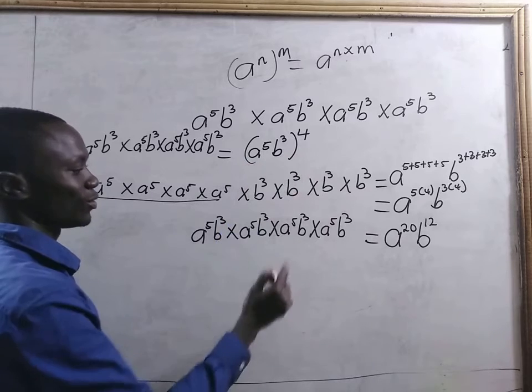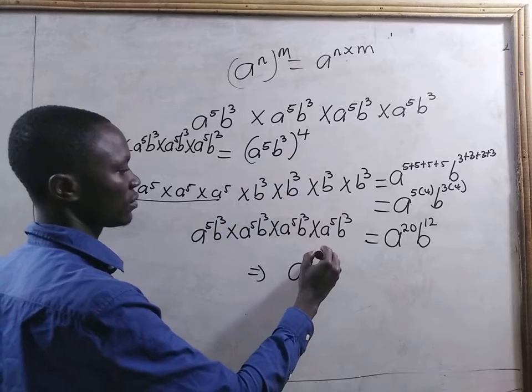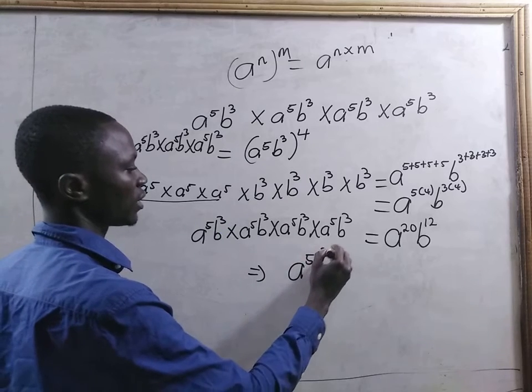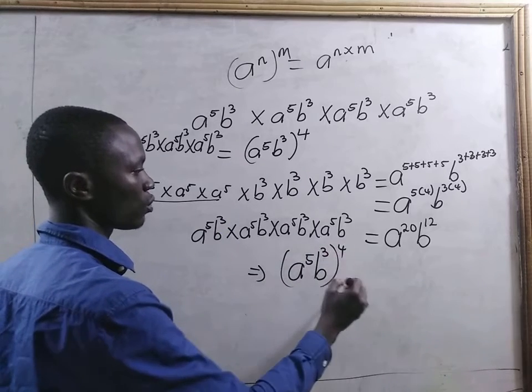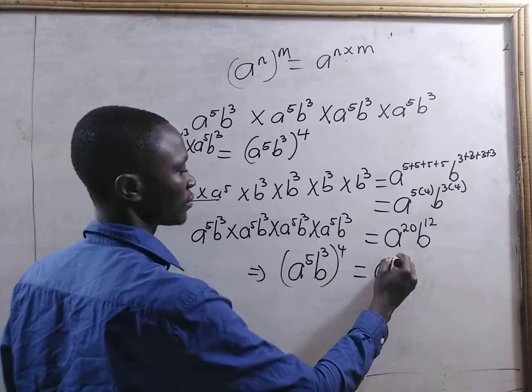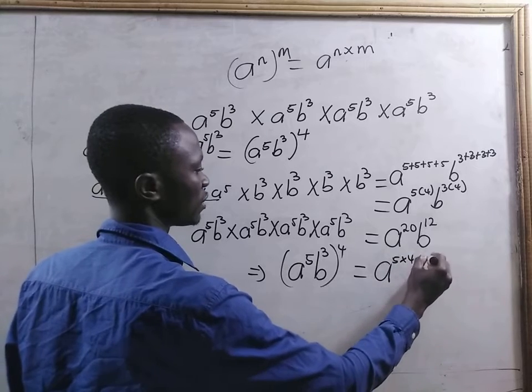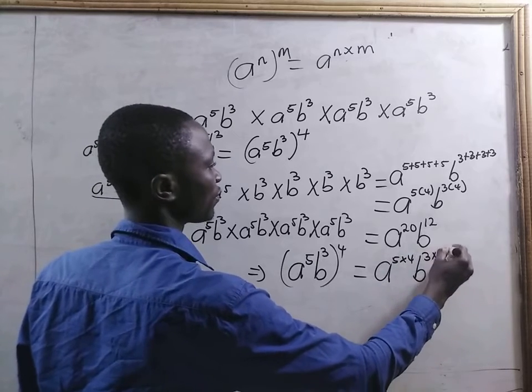So this implies that a exponent 5, b exponent 3, to the exponent 4 is equal to a exponent 5 times 4, b exponent 3 times 4.